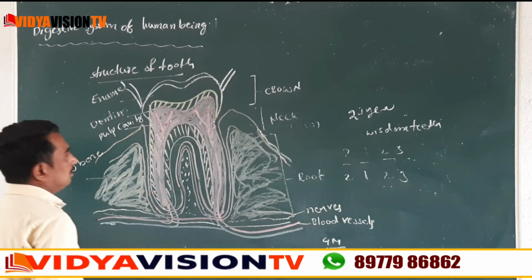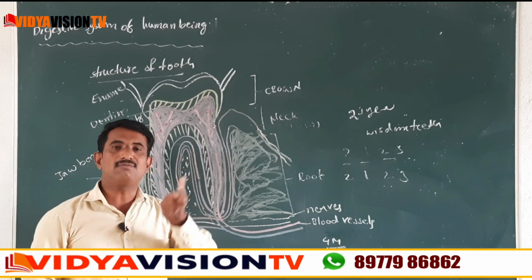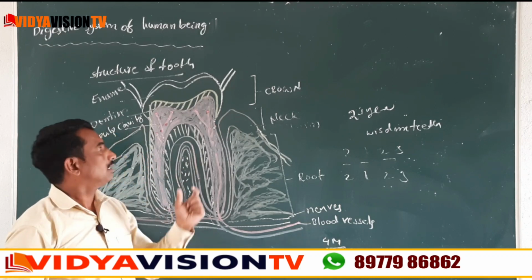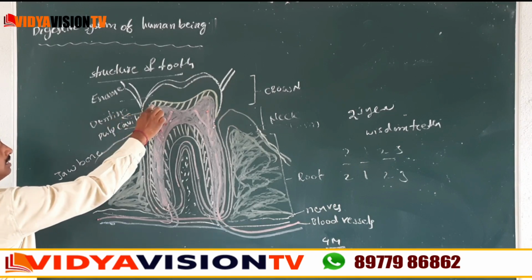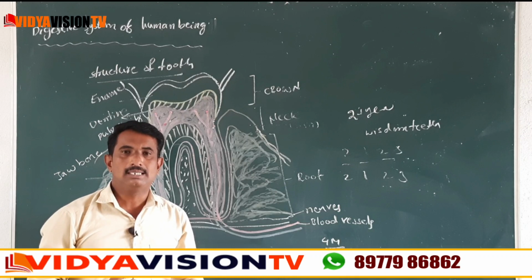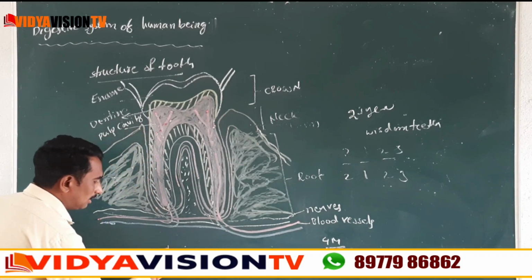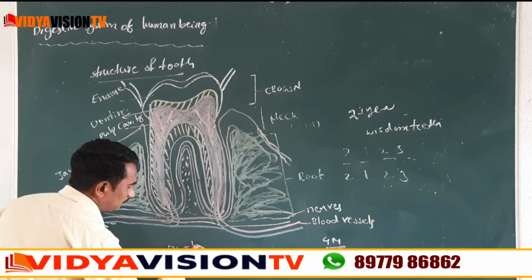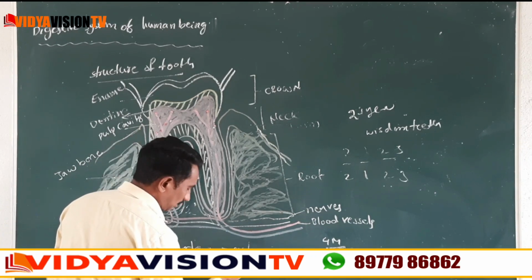Right children. Now next, the bulk of the tooth, the total tooth, is composed of dentine. It is a hard material, children. That dentine originates from odontoblast cells.